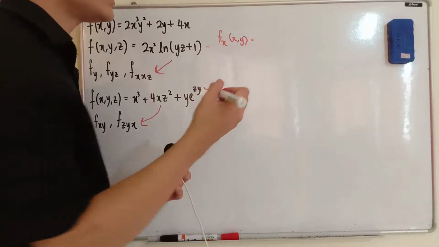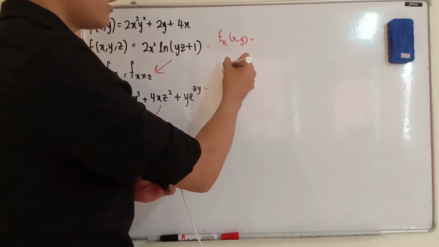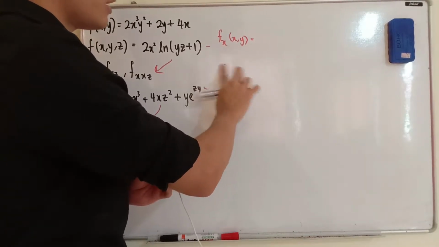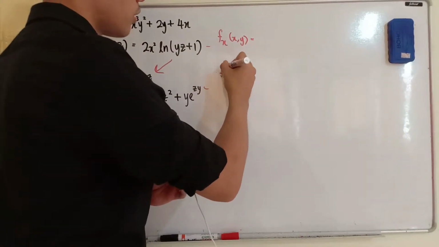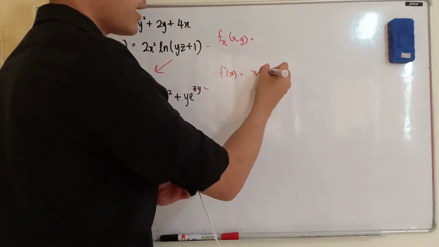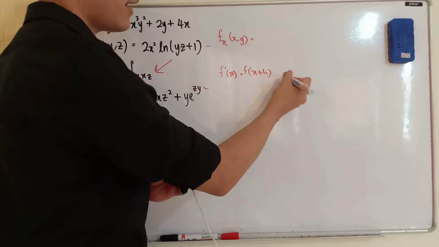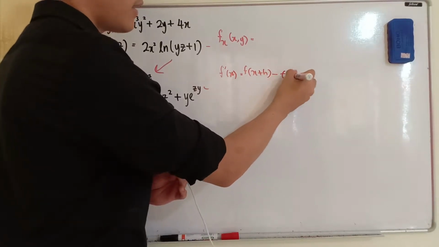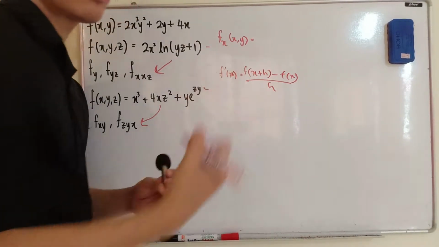In the derivative video I did teach you f prime x is f(x plus h) minus f(x), over h, right?